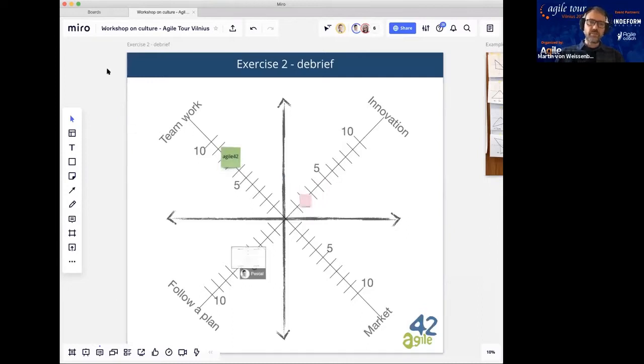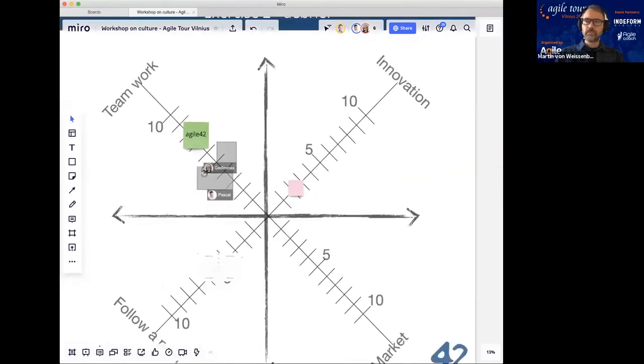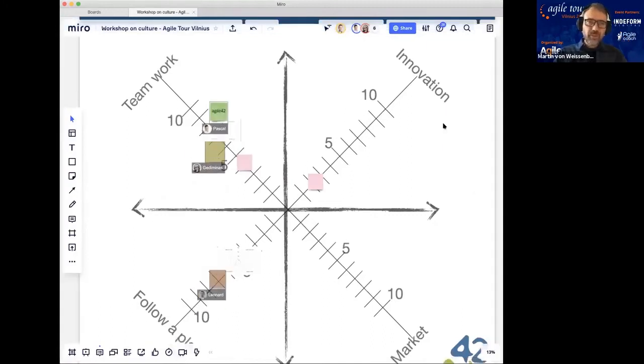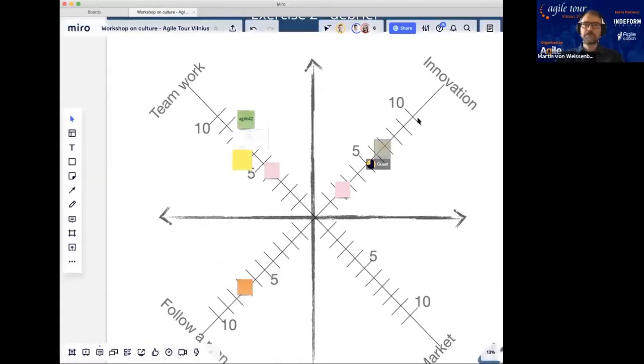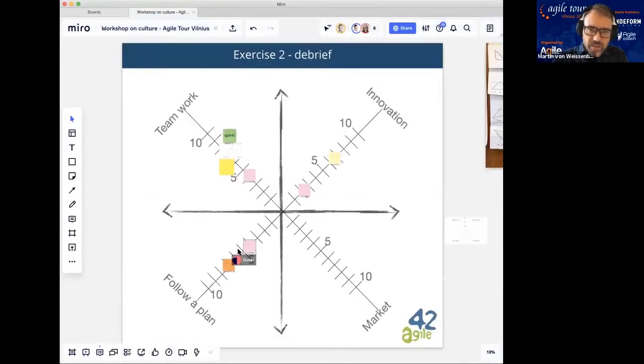Teamwork, so I'll put Agile 42 here. Okay, let me adjust the view.